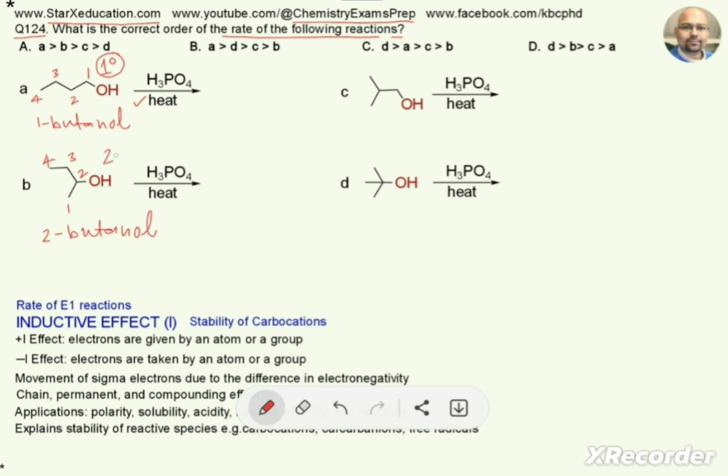This is a secondary alcohol, and the reason is because the OH is now connected with a secondary carbon, which is a carbon which is connected with 2 other carbons or carbon chains. Now the C is again a primary alcohol.